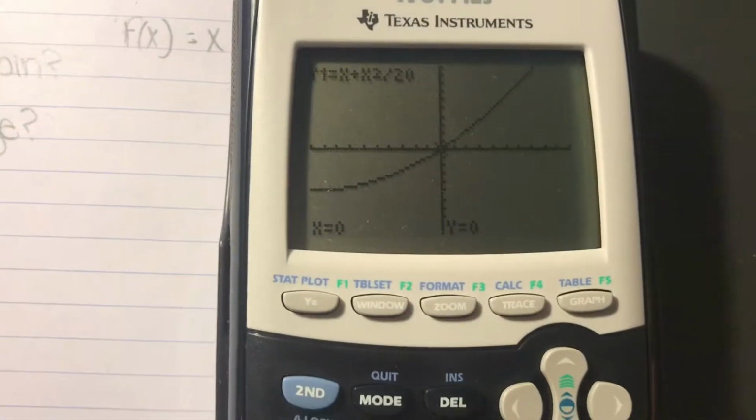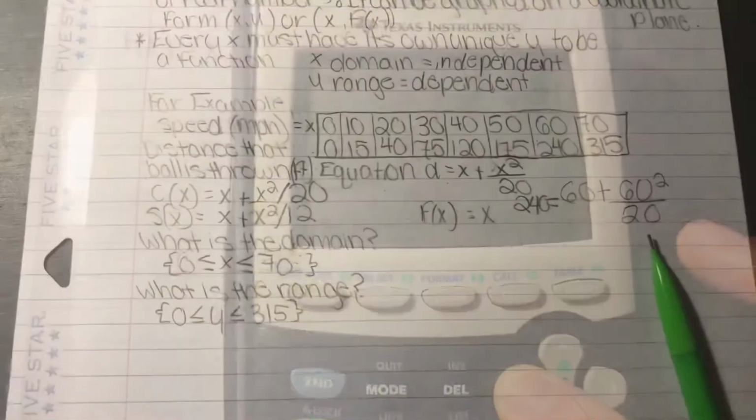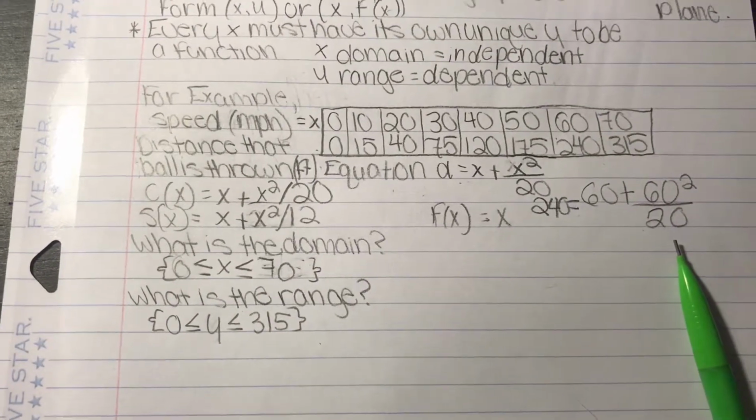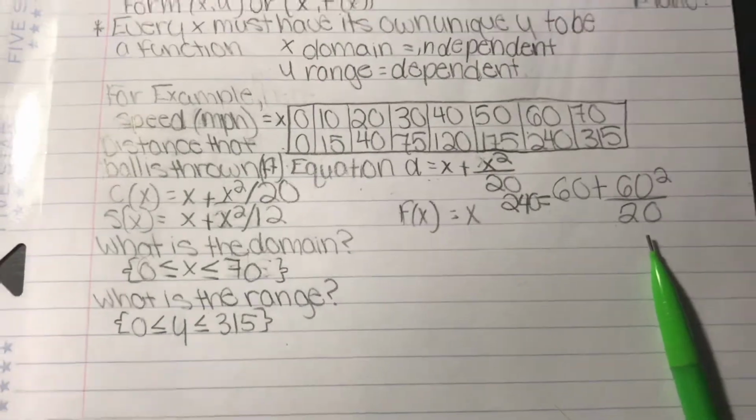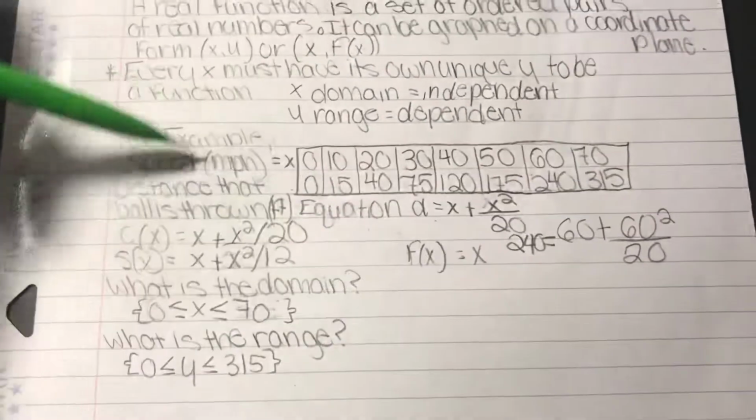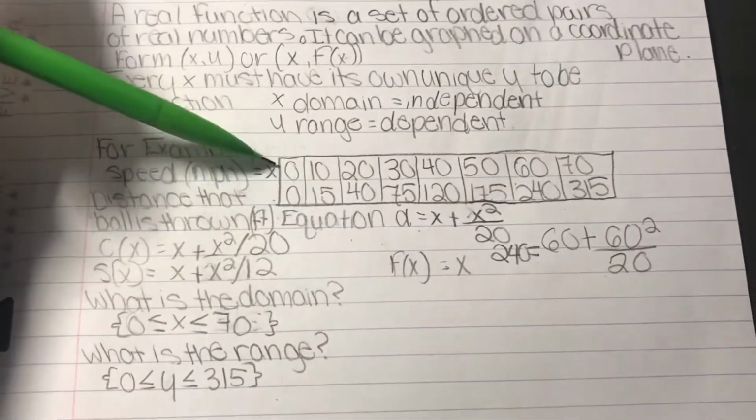So here's the function, and for this ordered pair there's also a domain and range. The domain would be for speed, which they have from 0 miles per hour to 70 miles per hour.